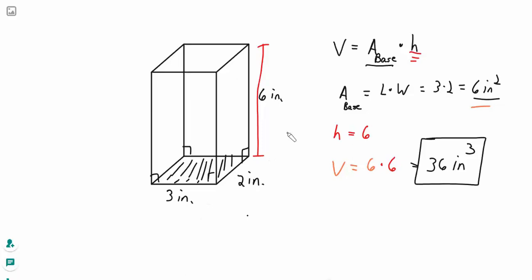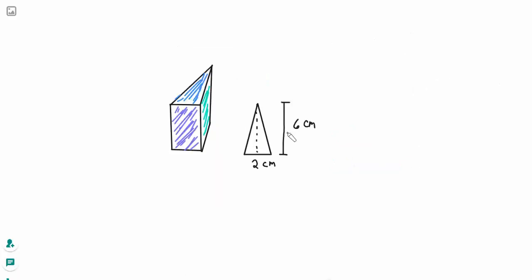Pretty straightforward. All right, now hopefully you can see this picture. I tried to shade some of the sides to give you a little perspective on it. You'll have to pardon my drawing here, but hopefully you can see that it has a triangular base that goes up into a triangular top.